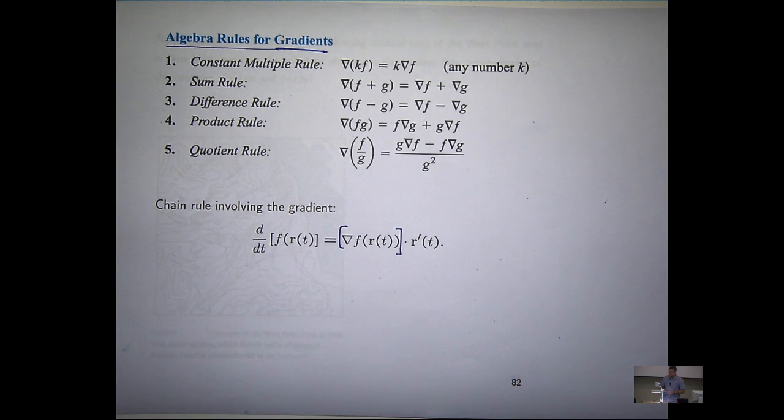But remember, grad f, nabla f, is a vector. Grad g, nabla g, is a vector. It's really important that you can get to the level where you can look at 1 to 5 and go, right, that's going to be a vector, that's going to be a scalar, that's a vector, that's not.